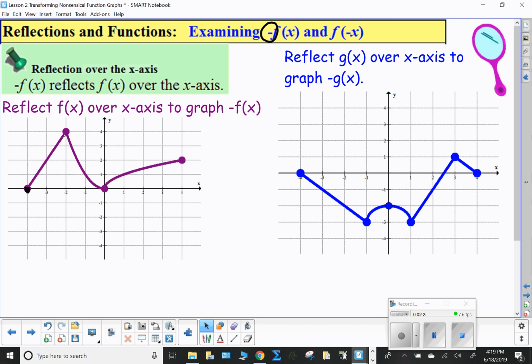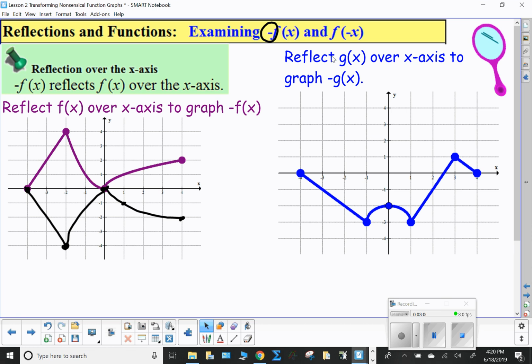But if you're not, here I'm 4 above, I'm going to go 4 below. I'm still on it. I'm 1 above, I'm 1 below. I'm 2 above, it goes 2 below. And then you do your best to mimic the curvature of the graph above. Some of you are going to be much better artists than others. This is the School for Performing Arts after all. Here I've taken f of x and reflected it over the x-axis, creating negative f of x.